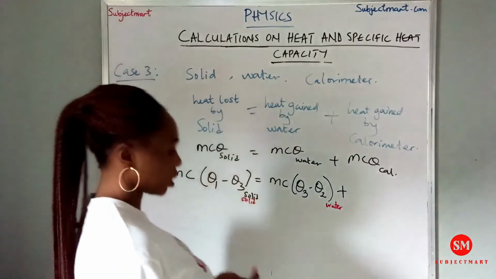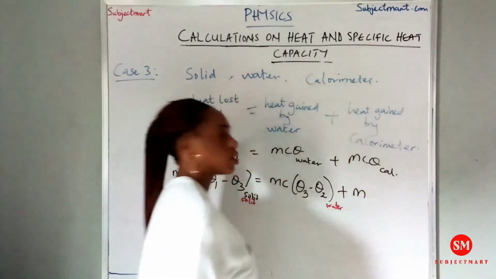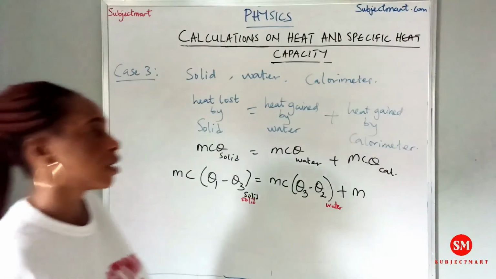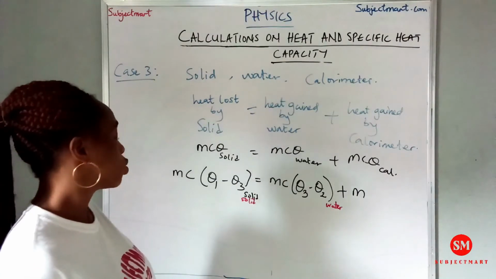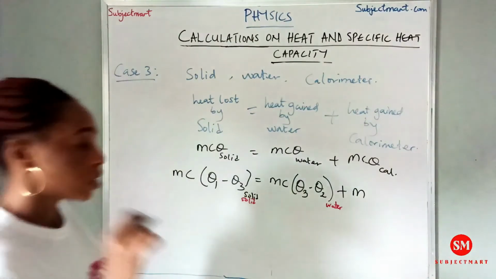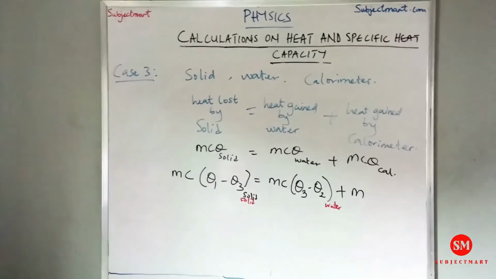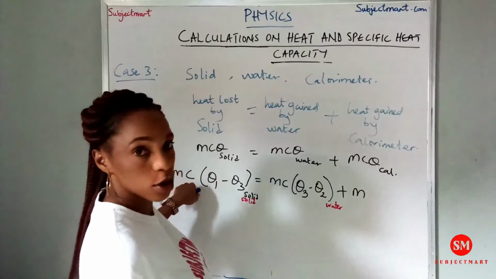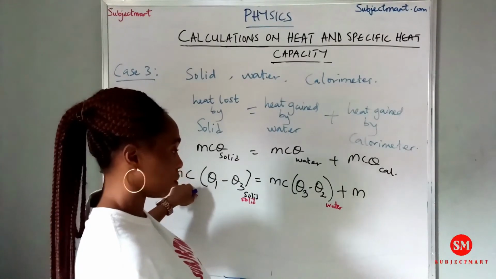and lastly for the calorimeter. Now the mass of the calorimeter will be given, but the specific heat capacity will not be given. Since it's a copper vessel, it's usually a copper vessel or a copper container, it is required of us to make use of the specific heat capacity of the solid, which we believe to be a metal.